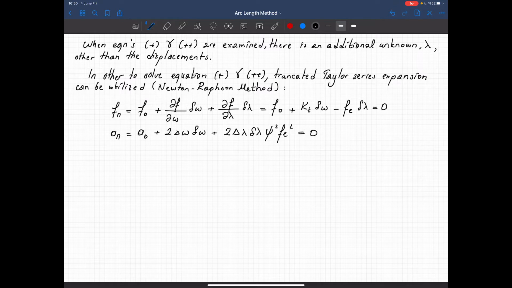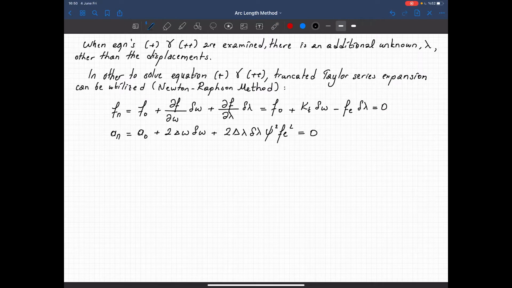So we have two equations, not two equations, we have this equation equal to the number of displacement, and we have one additional constraint equation which will be sufficient to solve the system.